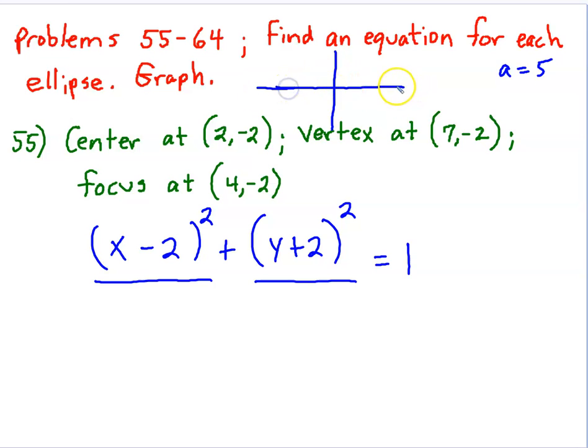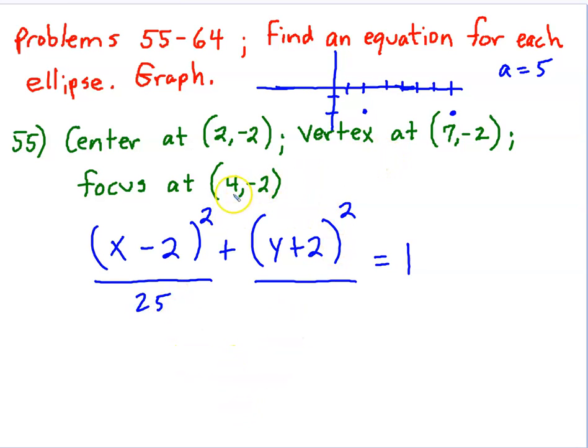So if you want to just go ahead and plot all these points on your graph paper first, here's (2, negative 2). That's the center. And then we have a vertex at (7, negative 2). So that's over here. That tells us that our major axis is horizontal, which tells us that a squared has to go under x. So a is 5, a squared is 25.